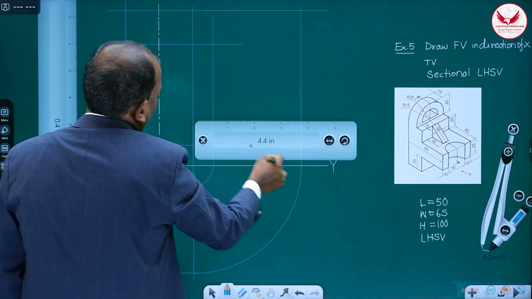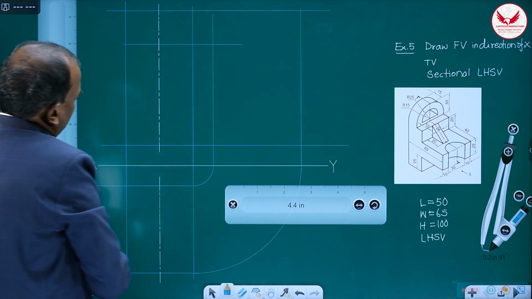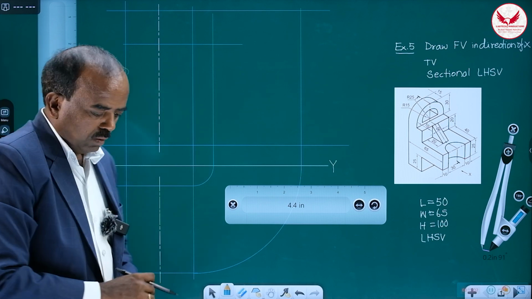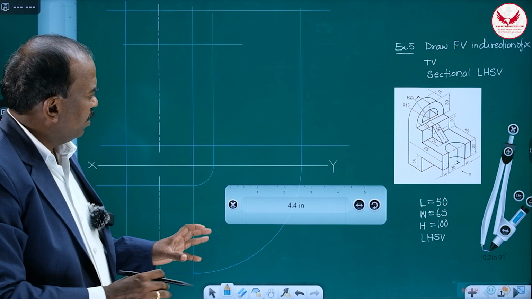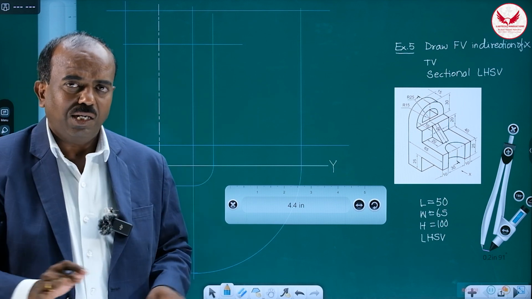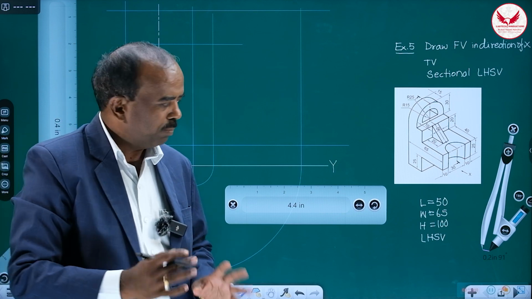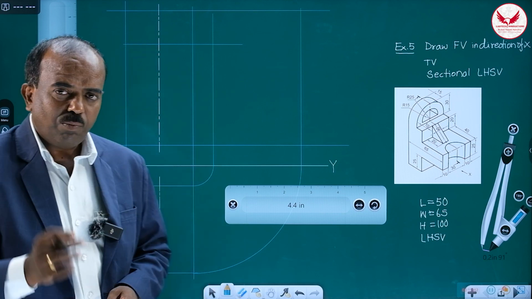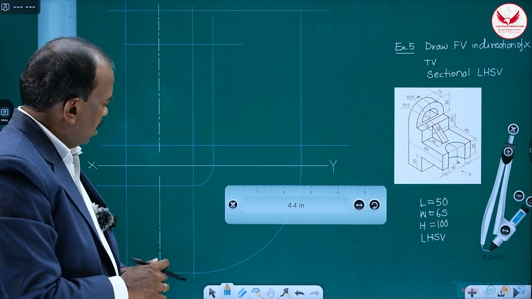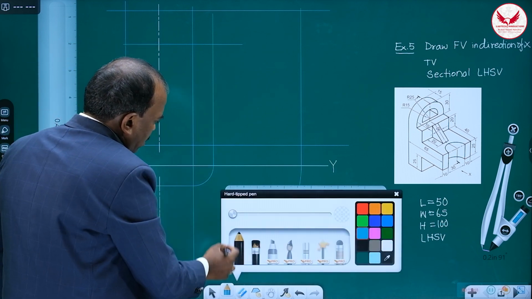So overall, what you have to do in orthographic views: first prepare 3 blocks, then draw all the center lines, then whatever the semicircular or circular parts are, draw those first. Then you will find this object simple.